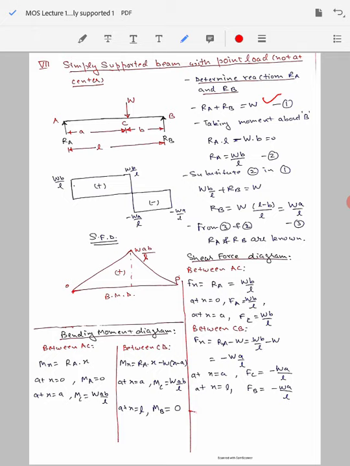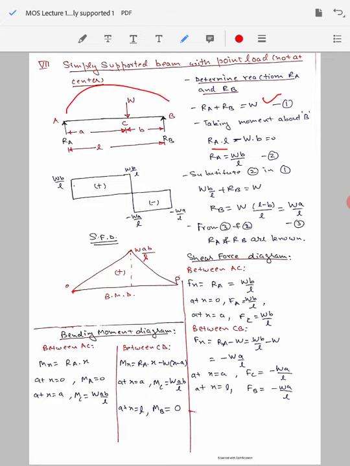So about the point B, the reaction force RA is at the distance L, so the moment about point B will be RA into L. This will be the moment of the reaction at point A. Now this moment is in the clockwise direction.